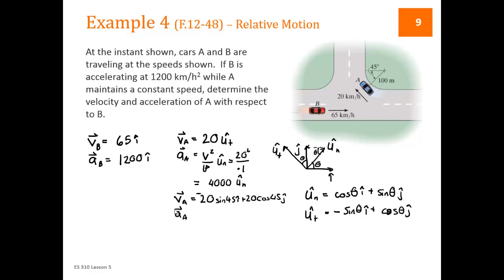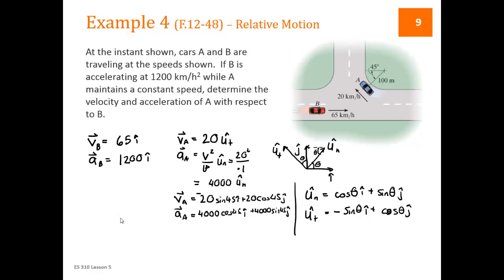AA is normal, so we're going to use the top one here: 4,000 cosine 45 i hat plus 4,000 sine 45 j hat.